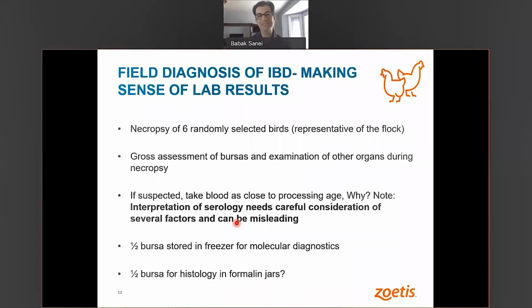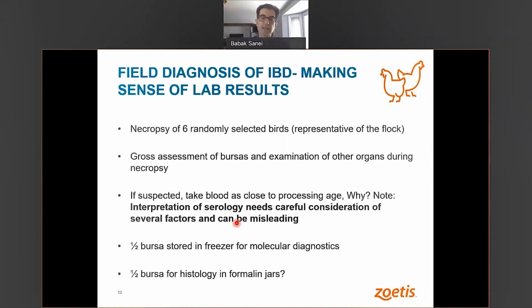That's probably the second cheapest approach to assess whether you have an IBD infection, which is to do an ELISA test. Most labs are able to do that ELISA, and I will show some of the results of that. Interpretation of those results is important because it depends.